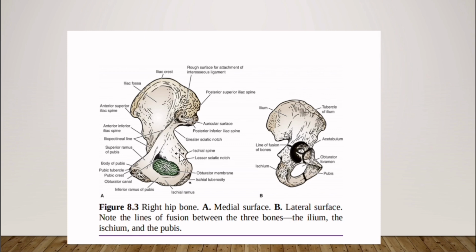Then we have a notch. We have a greater sciatic notch and a lesser sciatic notch. These notches are made by the ischial spine. The ischial spine makes these depressions into greater sciatic notch and lesser sciatic notch. Then inferior to these notches, we have the ischial tuberosities. The ischial tuberosities are the bony projections which we sit on.